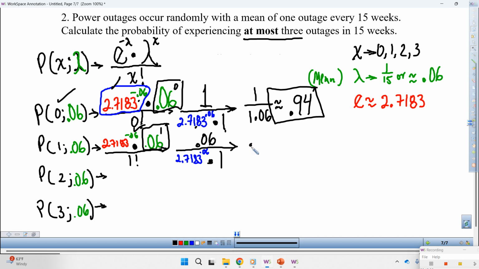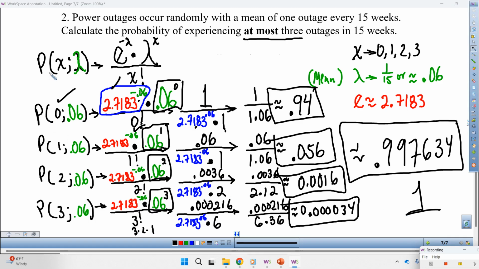So that ends up being 0.06 over 1.06, which is approximately, calculator, 0.06 divided by 1.06, .056. Hands if you got that. All right, looks about right. So I'm going to give you a head start, do the other two, and then I'll show you the work in a little bit. Go.